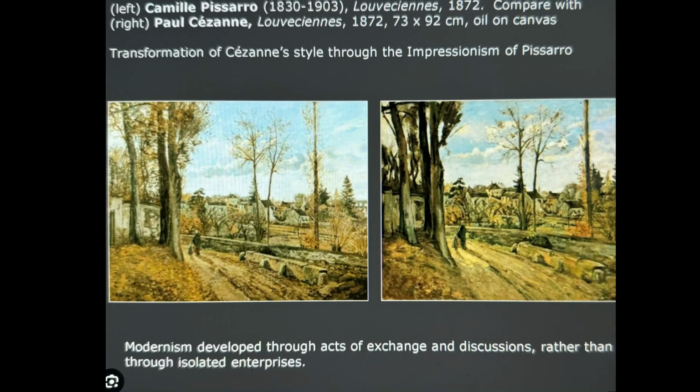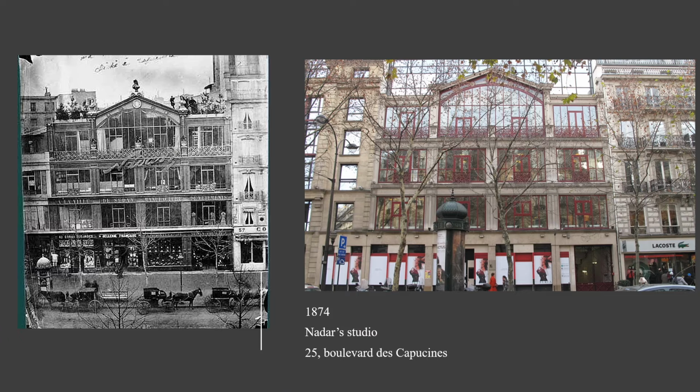Transformation of Cézanne's style through the Impressionism of Pissarro, and it summarizes the phenomenon I've been laboring to explain, that modernism developed through acts of exchange and discussion rather than through isolated enterprises. Here, well said.